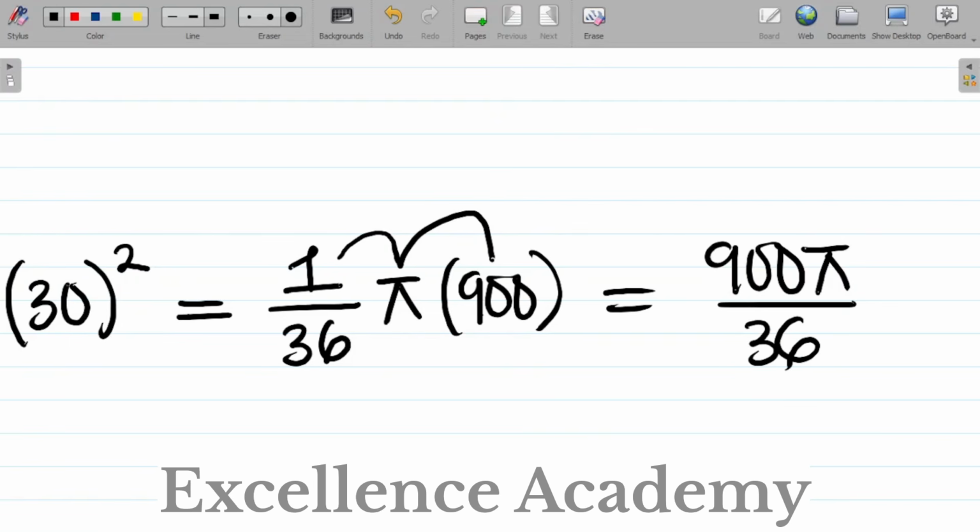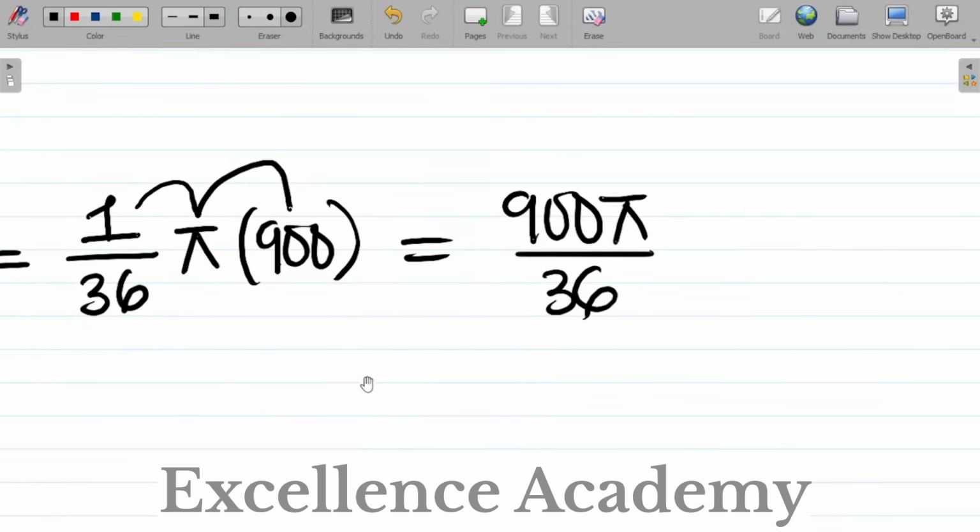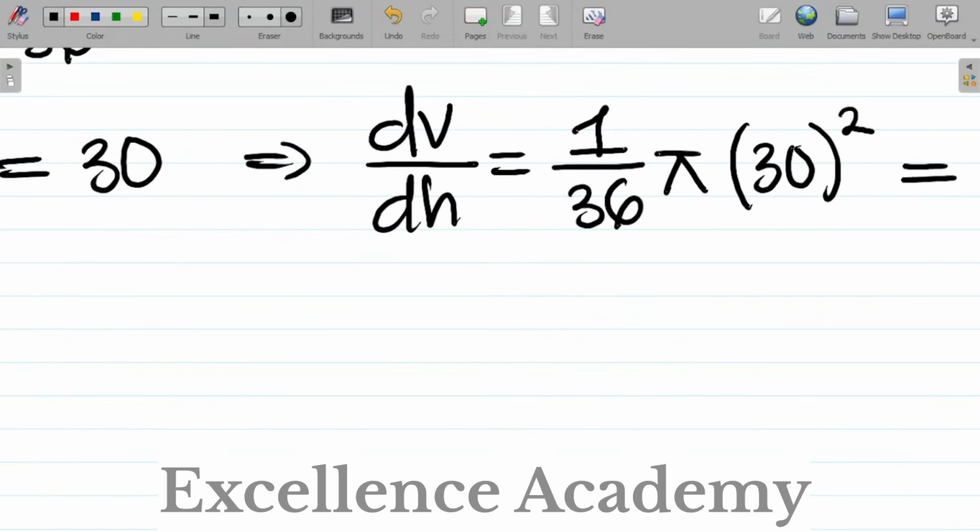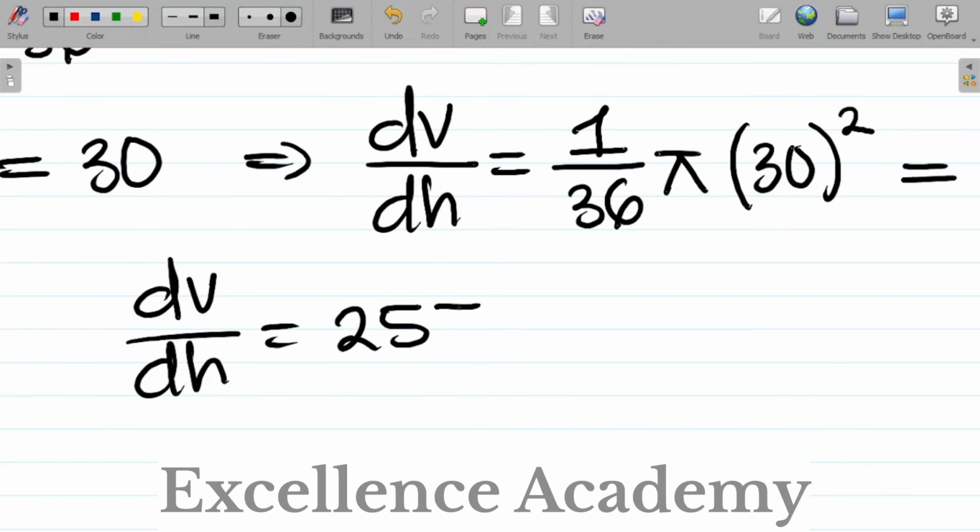Let's see if this can reduce to lowest terms. 900 over 36 is 25. This is equal to 25 pi. That's your answer: dv/dh is 25 pi.